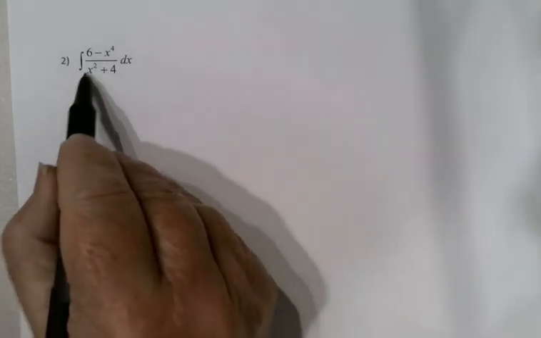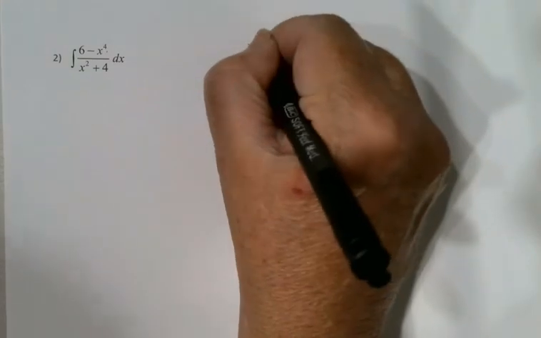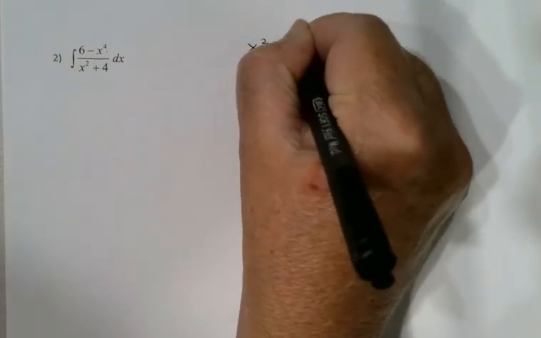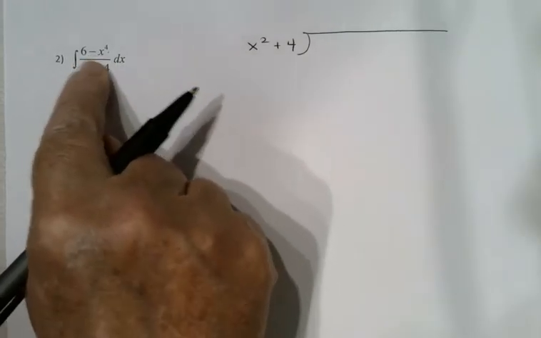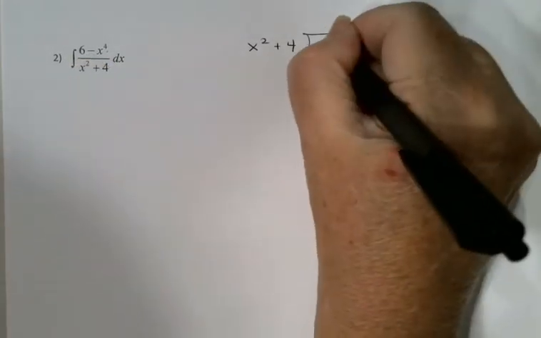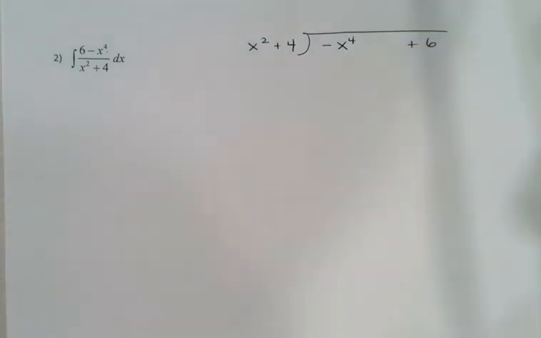So I definitely see a numerator that's got a degree that's higher than the denominator, which is always going to suggest long division as a strategy. So let's try that. I want to divide x squared plus 4 into, and I'm going to rewrite this as minus x to the 4th plus 6.